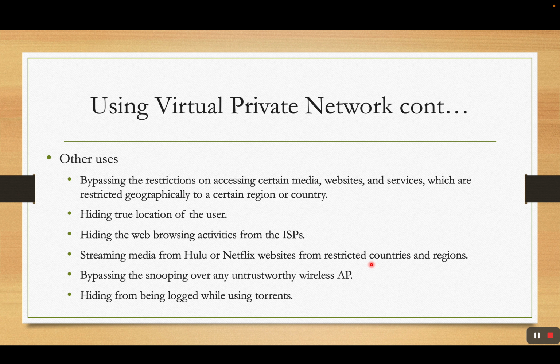A lot of people use it. They turn on the VPN and they're able to access a lot of movies or TV shows that are not allowed outside the United States. Bypassing the snooping over any untrustworthy wireless access point, hiding from being logged while using torrents, for example.